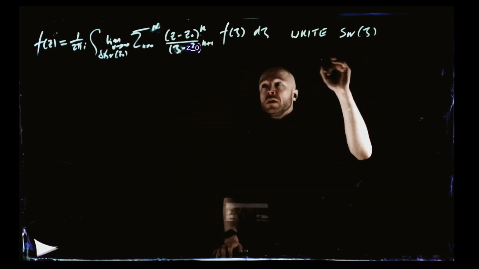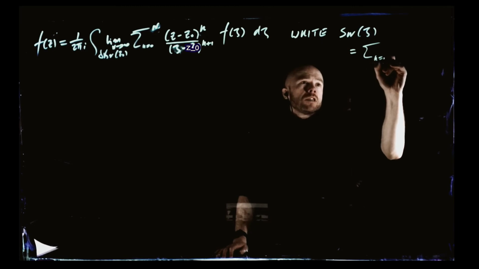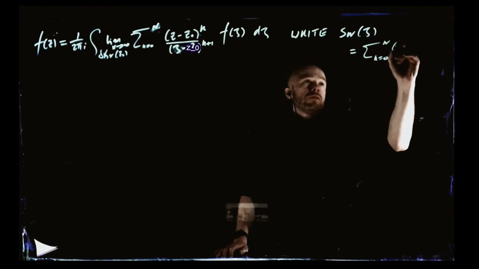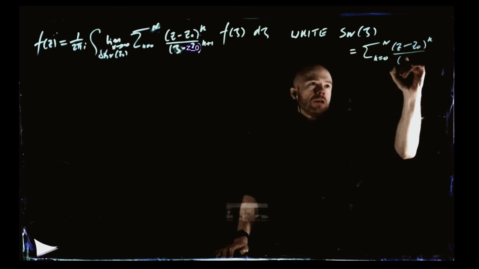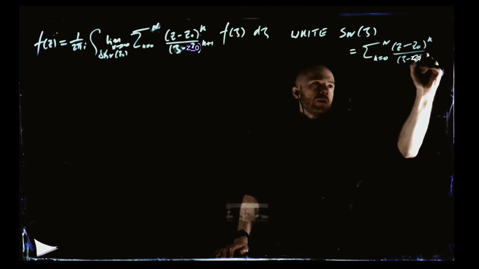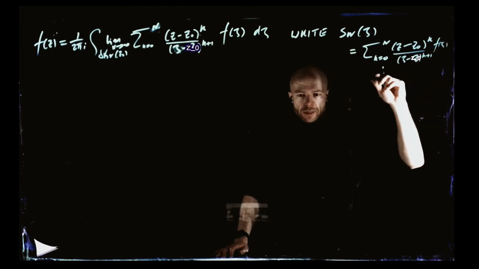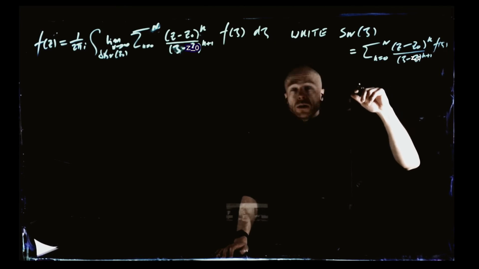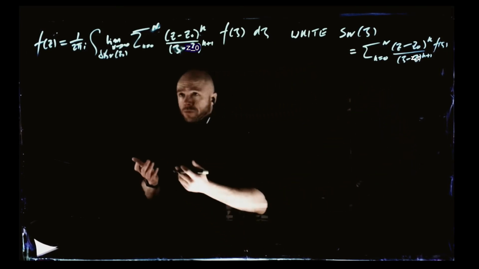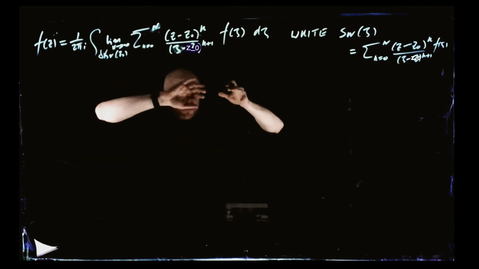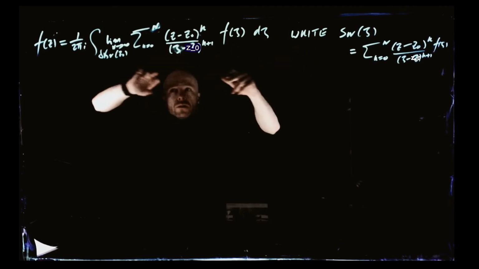So we write this as the partial sum, the sum from k equals 0 up to n of z minus z0 to the k over zeta minus z0 to the k plus 1 times f of zeta. And what we want is to take this limit out.